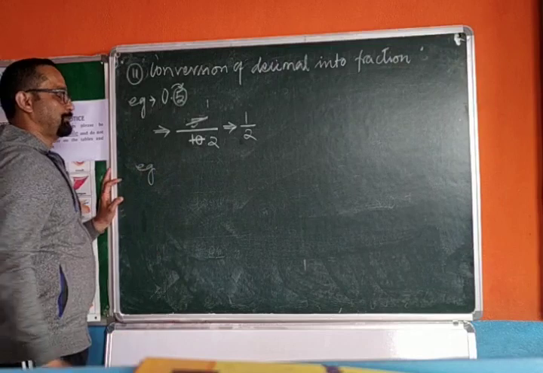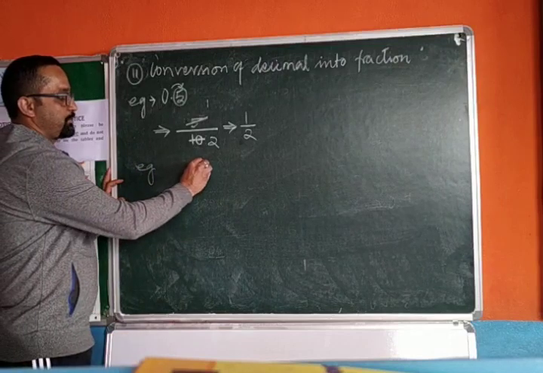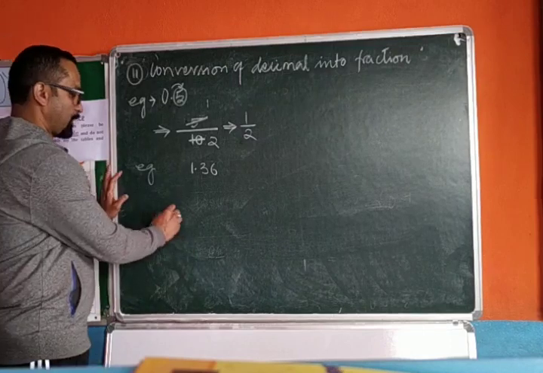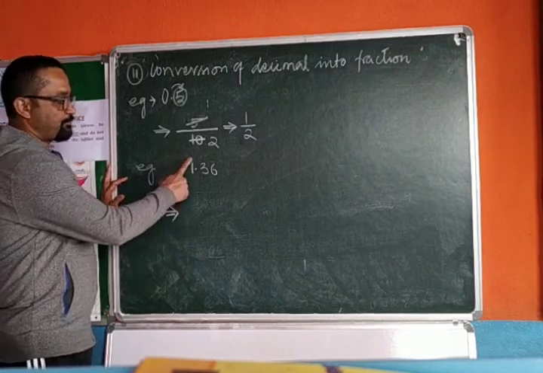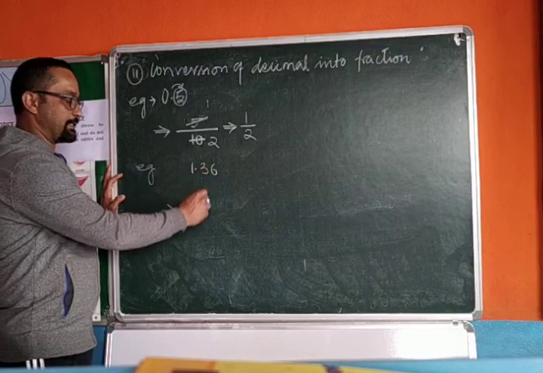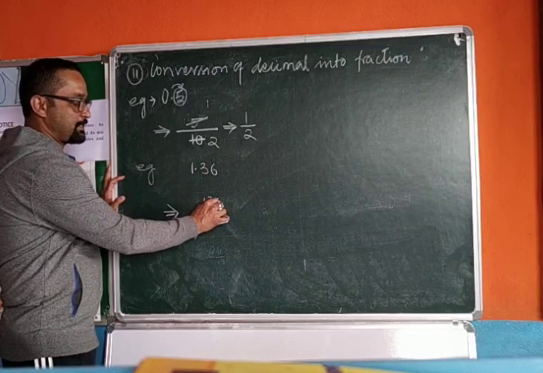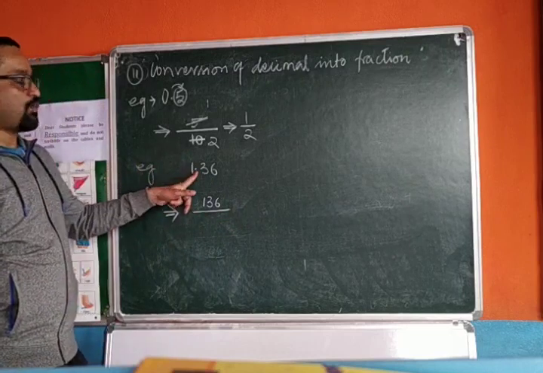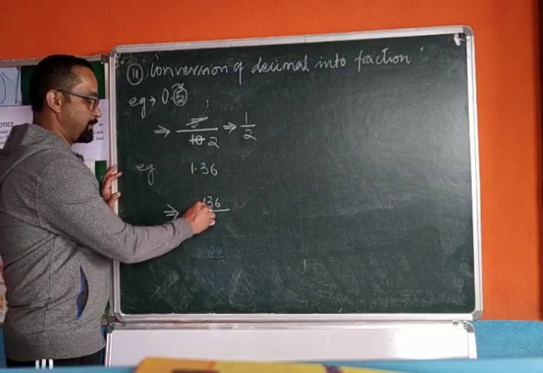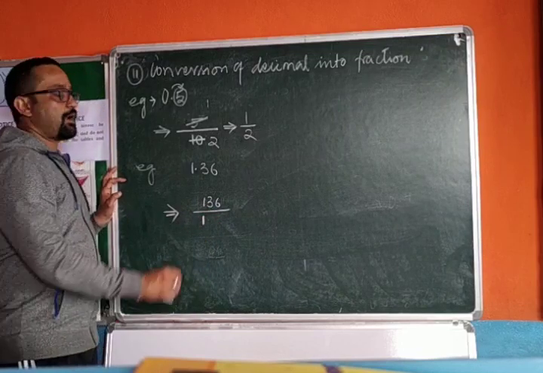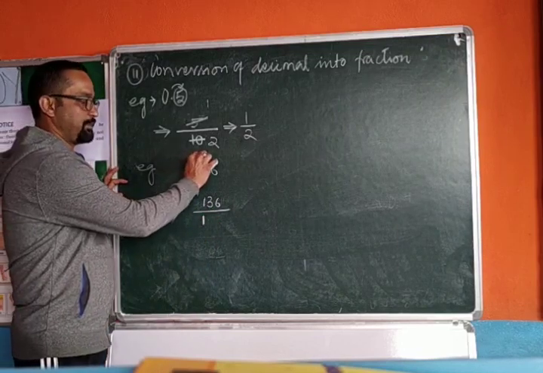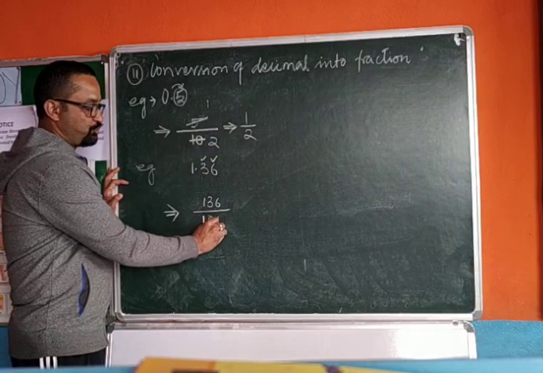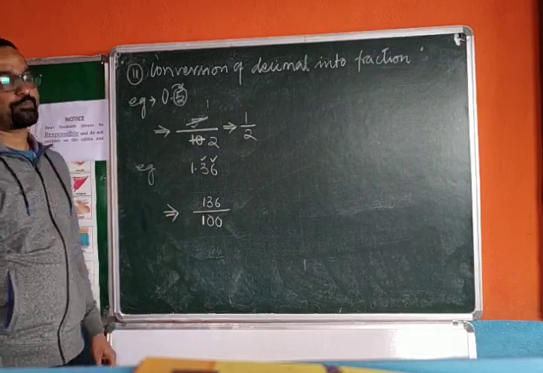Second example, 1.36. Similar calculation. You have to write all these 3 digits at numerator. 136. Draw a line. You have decimal. So for decimal you write 1. How many digits do we have after decimal? 1 digit, 2 digit. Means you need to put 2 zeros.